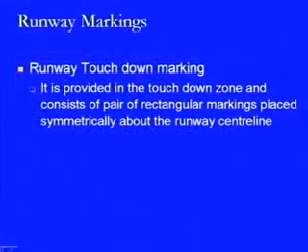Now, in the case of this touchdown marking, it is provided in the touchdown zone, and it consists of a pair of rectangular markings which are placed symmetrically about the runway center line. What happens is that the aircraft is coming along the center line on a runway strip, and it is coming slowly down.